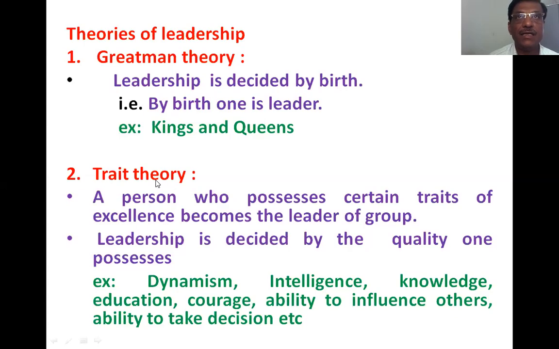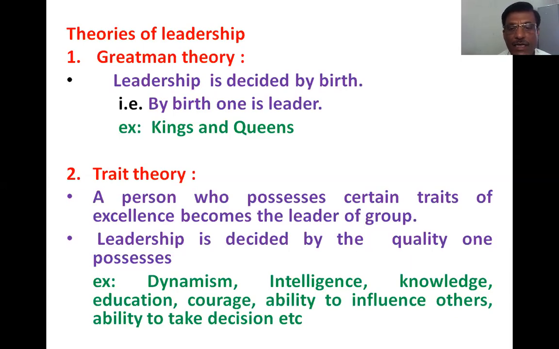Then trait theory. Trait means certain characteristics. A person who possesses certain traits or characteristics of excellence becomes the leader of the group. Leadership is decided by the quality or character one possesses.